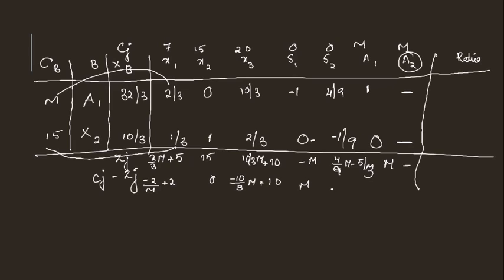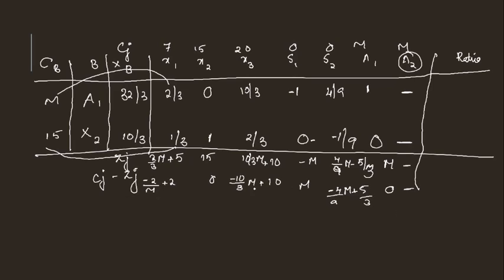Then next value, minus 4 by 9 m plus 5 by 3, and this one is m minus m, 0.